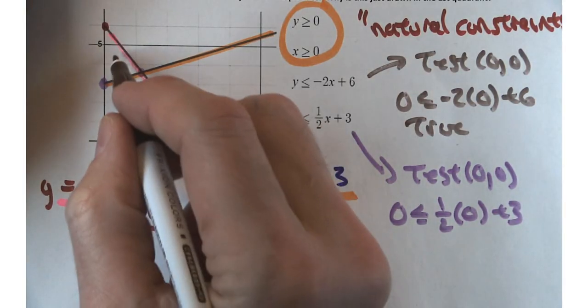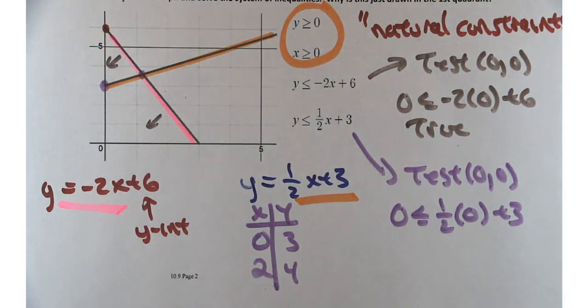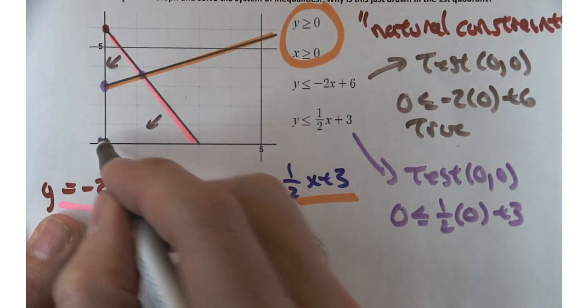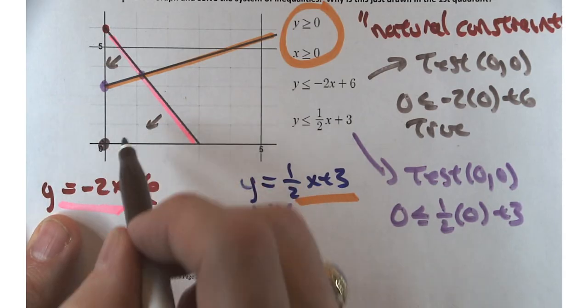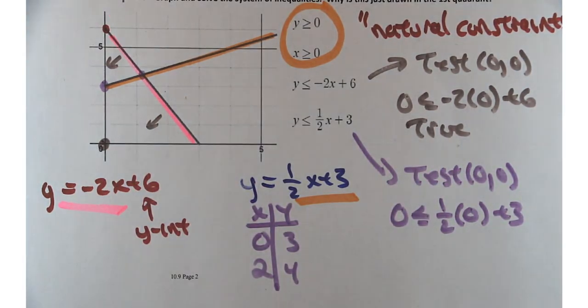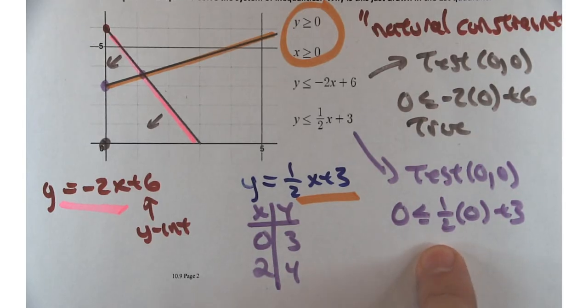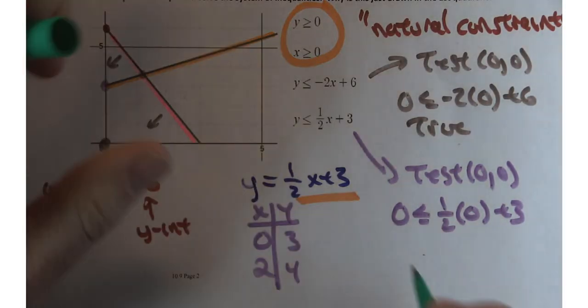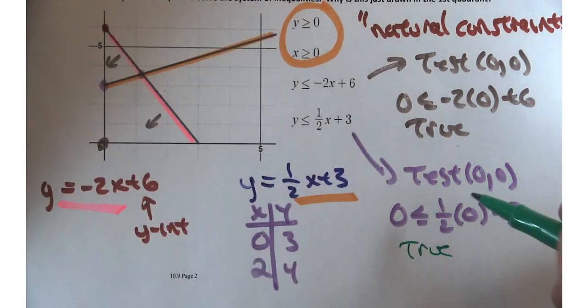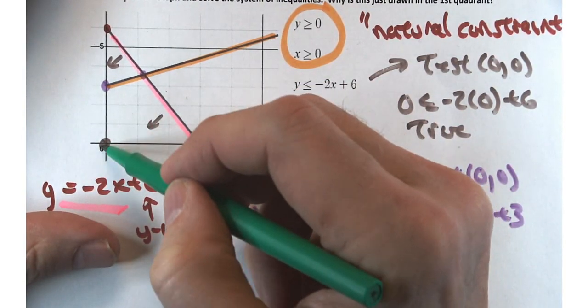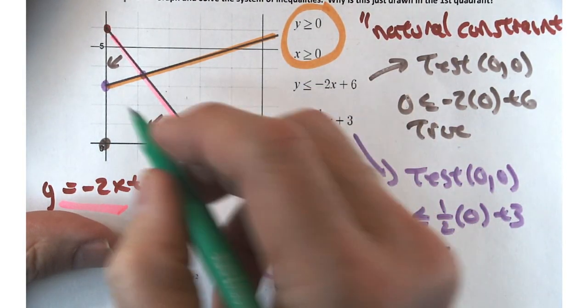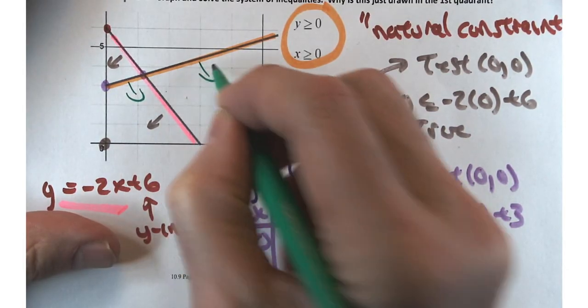Below here. Because 0, 0 is our test point, it's on this side of the line. I want to shade the true side, so we're good there. How about the other one? Is this true? Yeah, that one's also true. So because this point is on the underneath side of this line, I'm going to shade below like that.